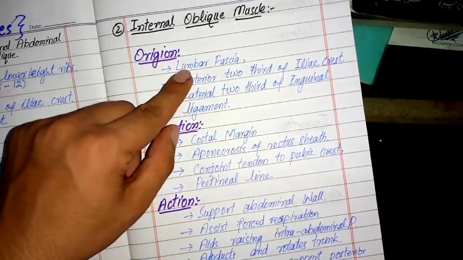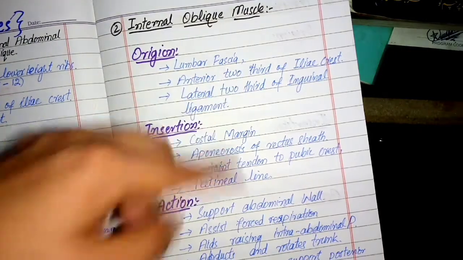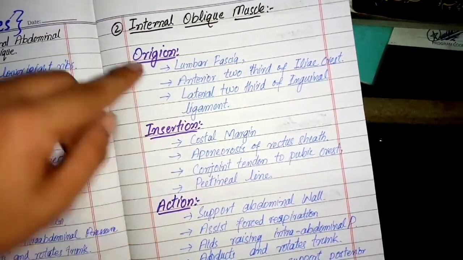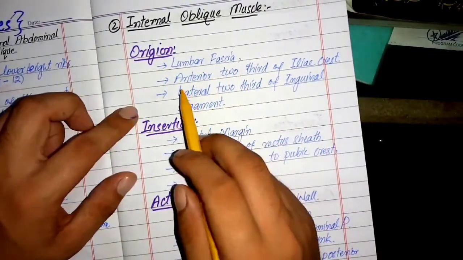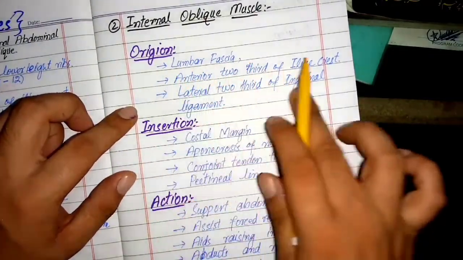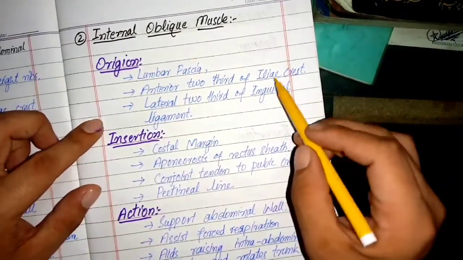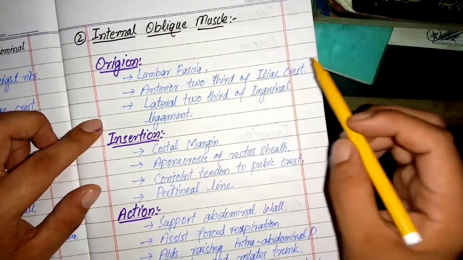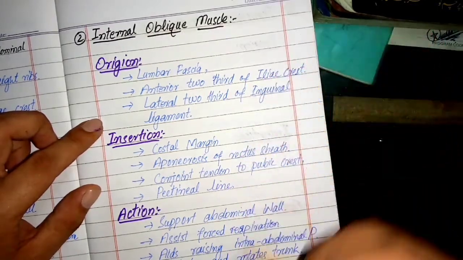In the lumbar region there is a fascia called the lumbar fascia, and this muscle originates from that region. It also originates from the anterior two-thirds of the iliac crest. We study the iliac crest in three parts: two parts to the anterior and one part to the posterior side.